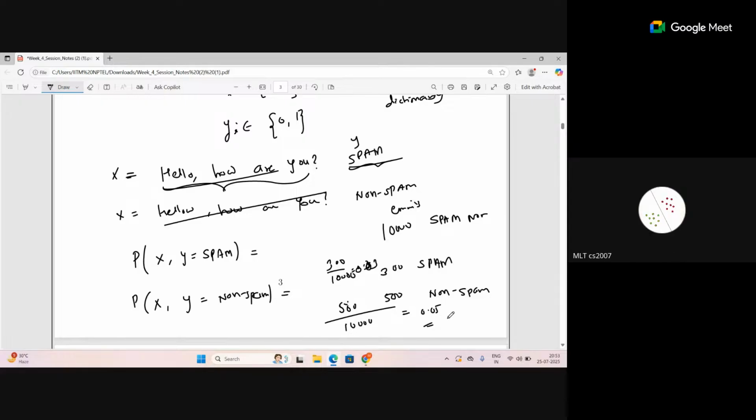But what you have done here is you have seen the sentence, and at the same time you have seen the label. So this is the joint density, correct? Whatever you have calculated here is a joint density, which here is 0.03 and here is 0.05.